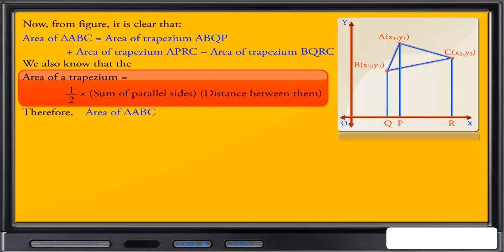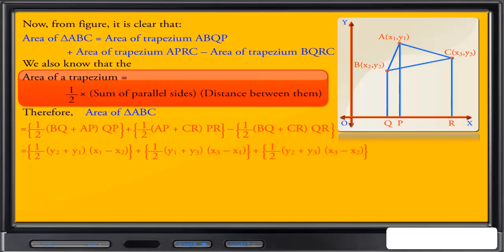Therefore, the area of triangle ABC is equal to 1/2 into (BQ + AP) into QP plus 1/2 into (AP + CR) into PR minus 1/2 into (BQ + CR) into QR, which is equal to 1/2 into (y2 + y1) into (x1 - x2) plus 1/2 into (y1 + y3) into (x3 - x1) plus 1/2 into (y2 + y3) into (x3 - x2).